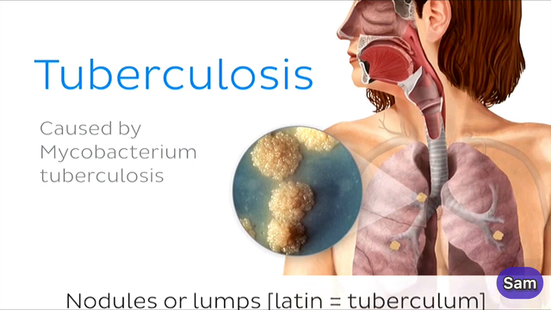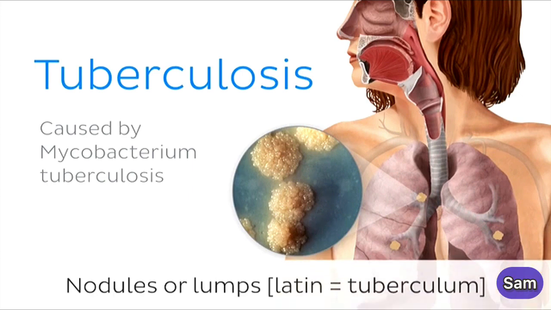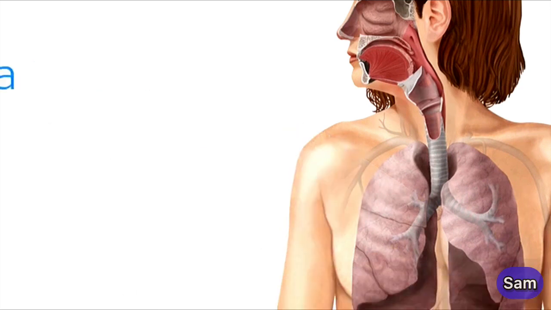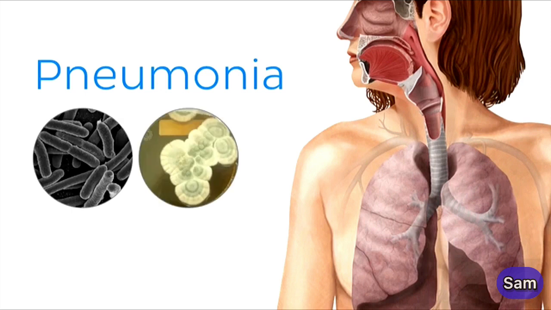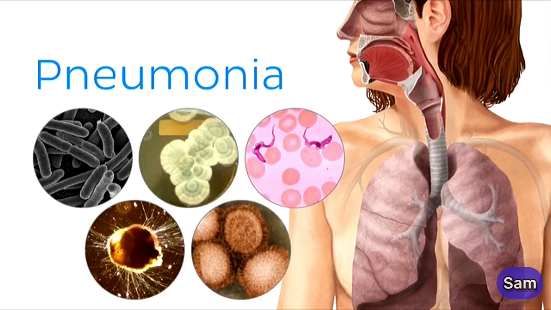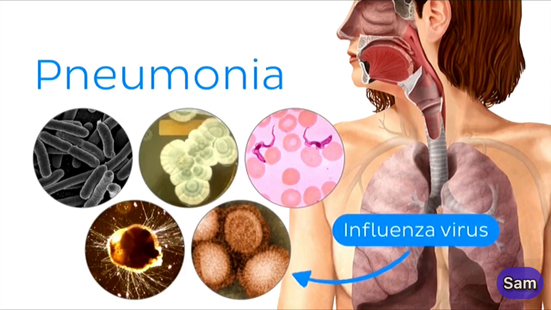It gets its name from the bacterial nodules or lumps which form in the lungs due to this condition. Then we have pneumonia, which is an infection of the lungs caused by a wide range of factors: bacteria, fungi, parasites, amoebae, and viruses such as the influenza virus.